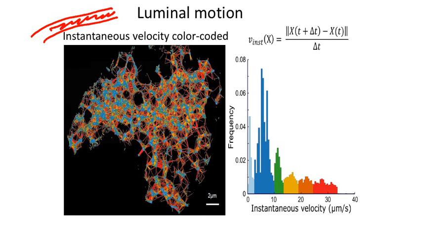Looking at these pictures here, we see the trace of the trajectories, which are colored according to the velocity, the displacement. That is, we take each point, for example x of t, calculate the difference x(t plus delta t) minus x(t) divided by delta t, which gives us the instantaneous velocity, and we color according to the amplitude.